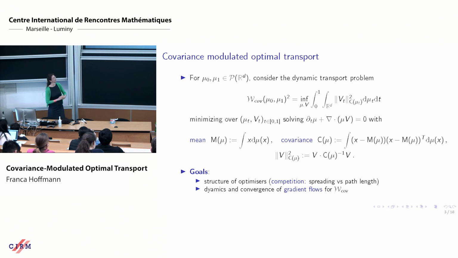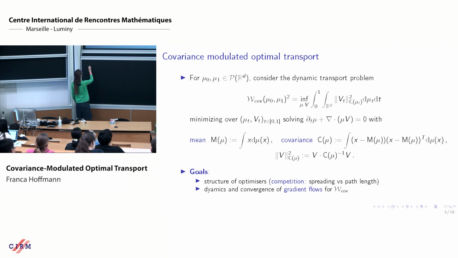So this first definition of the metric itself looks pretty much like the dynamical formulation of the Wasserstein-2 distance, where you're essentially minimizing a kinetic energy along the path in probability space that is connecting 2 measures.